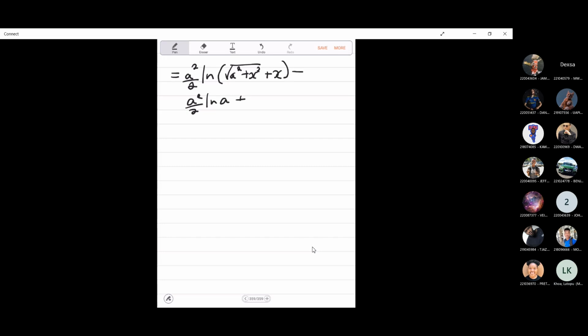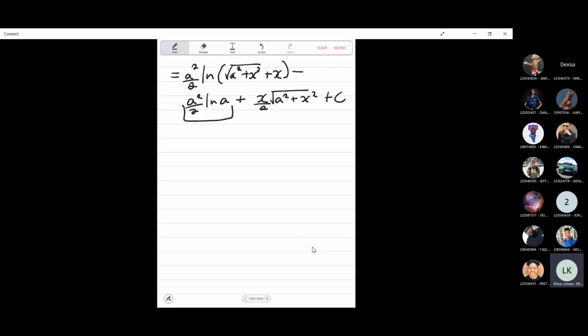Plus x over 2 square root of a squared plus x squared, and then c.